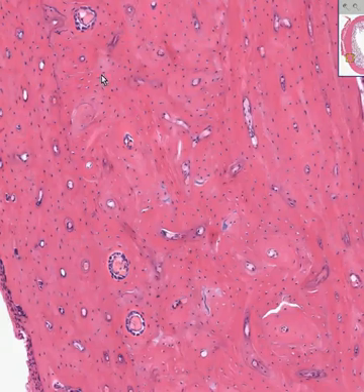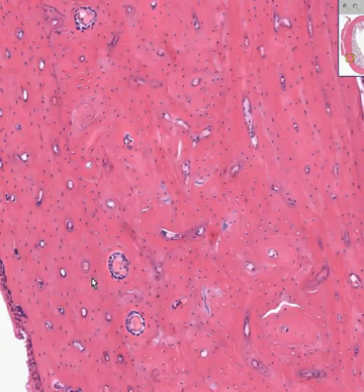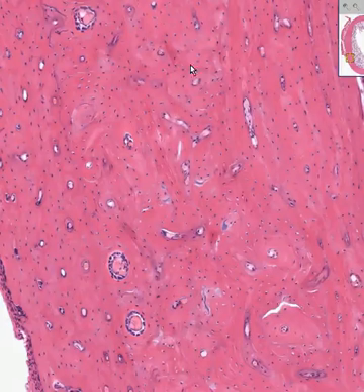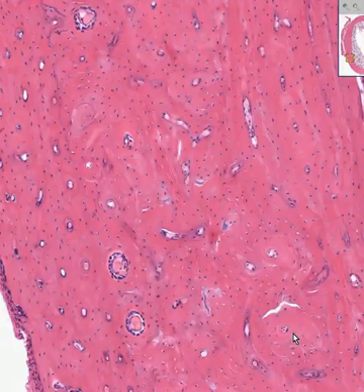So almost all of the longitudinal canals that you see here, like here, like here, like here, surrounded by these concentric osteocytes, are haversian canals. They're also called the longitudinal canals.